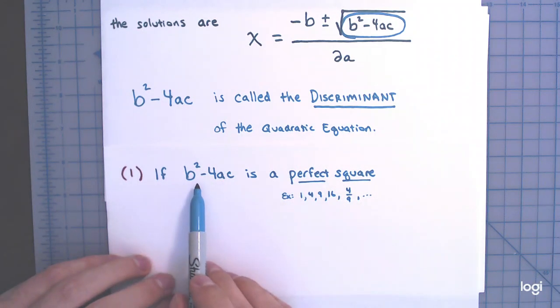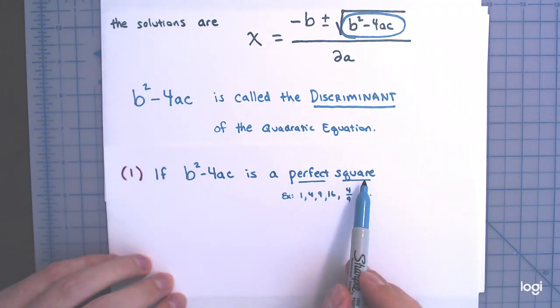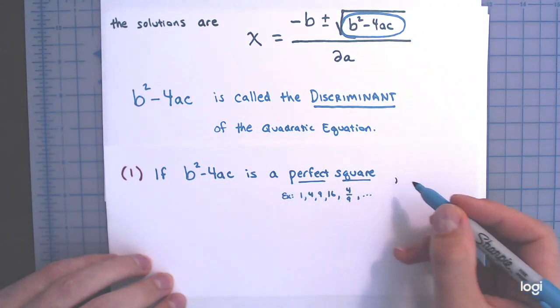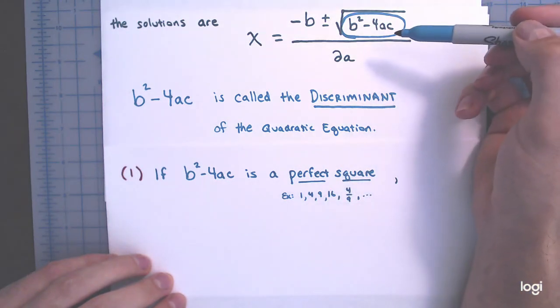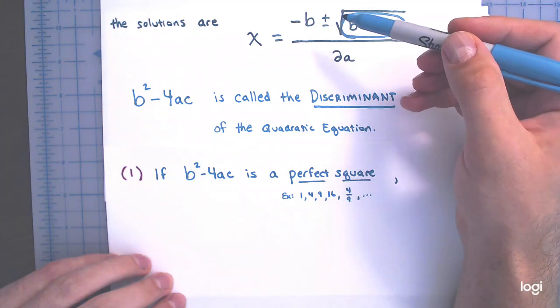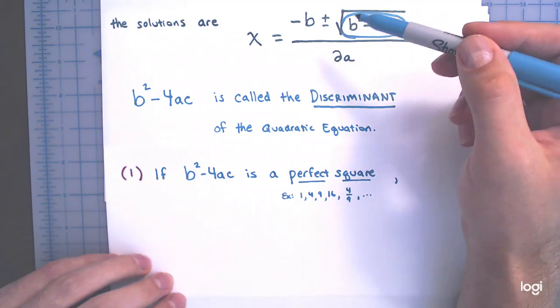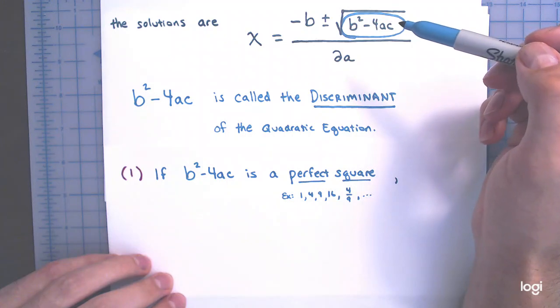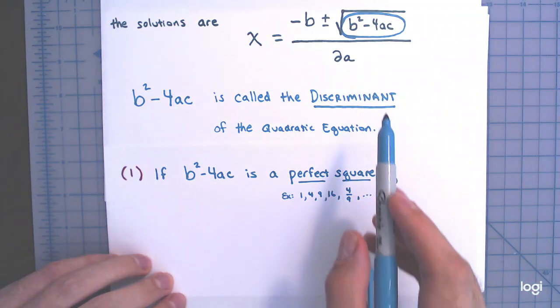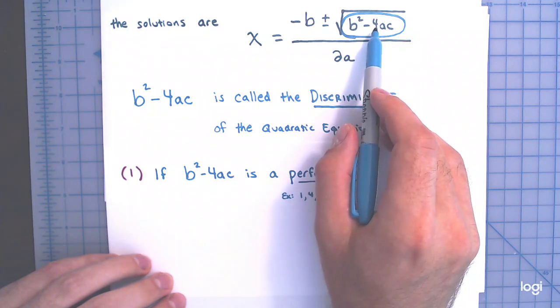So if b squared minus 4ac is a perfect square, some rational number squared, well, look at what's going to happen. I'd have the opposite of b, plus or minus the square root of a perfect square. So that'll simplify, and the square root of a perfect square would just be a rational number.